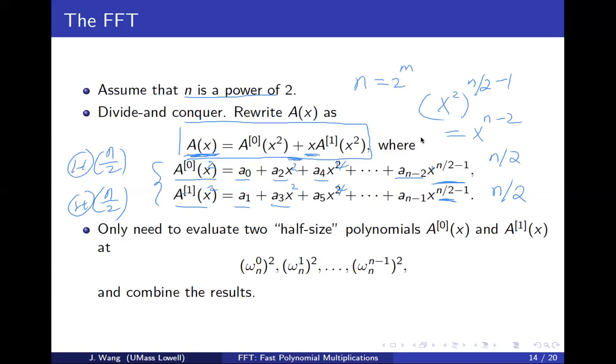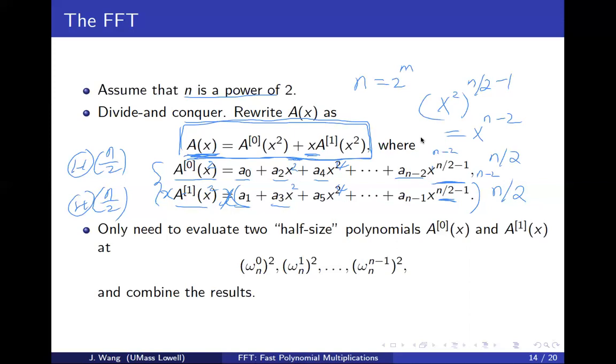So this is n minus 2, n minus 2. But then for this term, you also have an x in front. Okay, you can see that. So this is x. So you can see that add them up, it's just this.